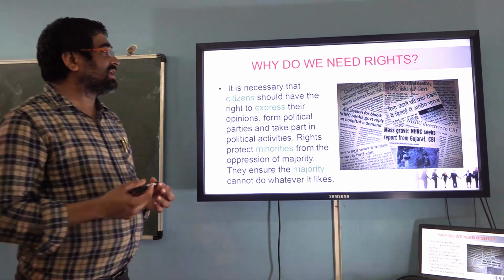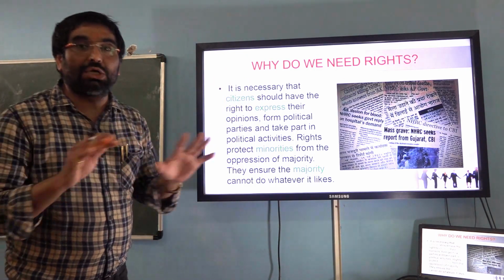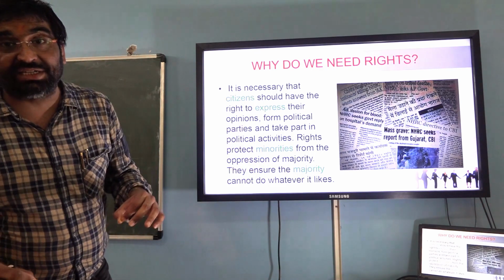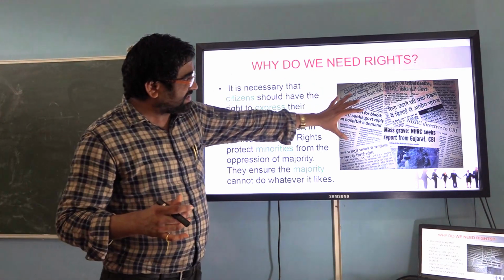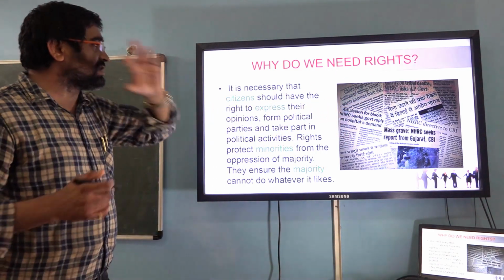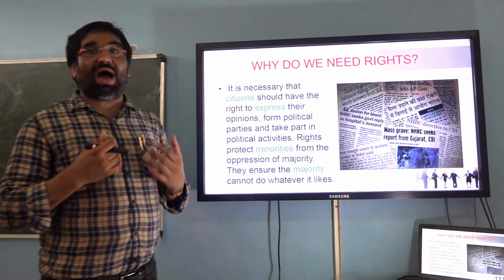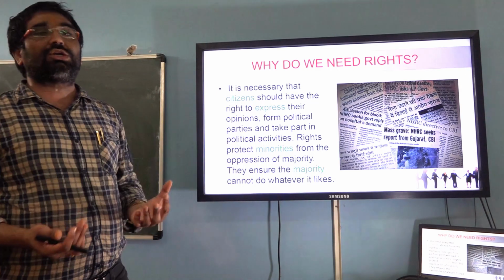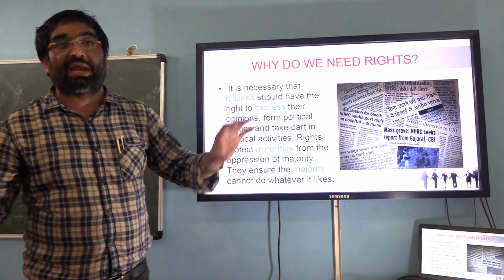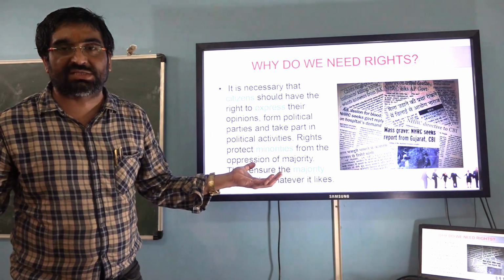Now we will see, if there were no rights, what would we do? And why do we need rights? I have made a collection of newspaper clippings, which is also given in your book, and you can see a lot of news there. These things tell us why we need rights. If you want to publish your idea in a book, a newspaper or a magazine, and you have no right, you can't publish.